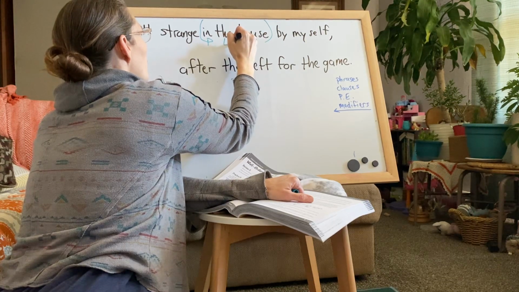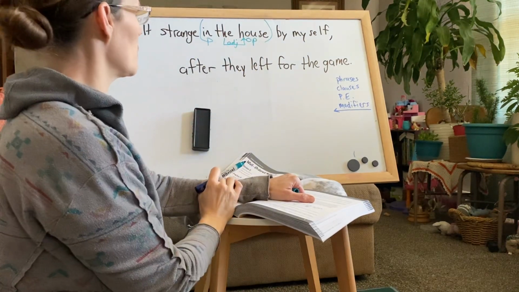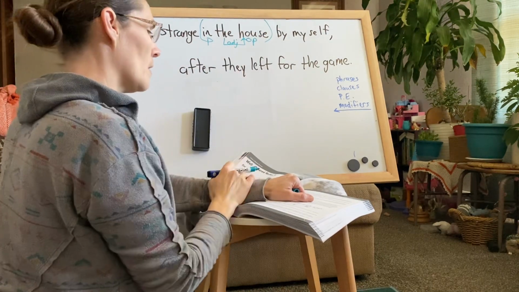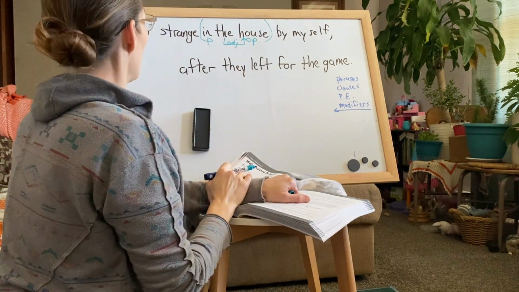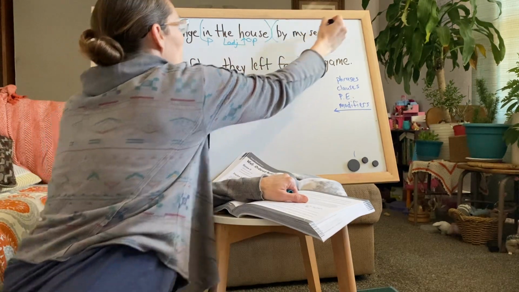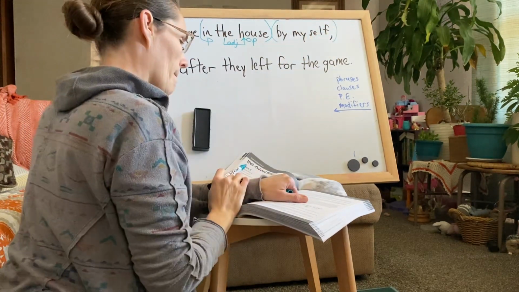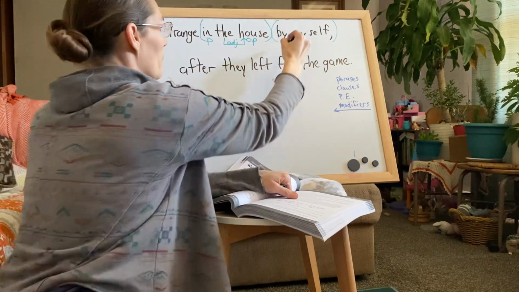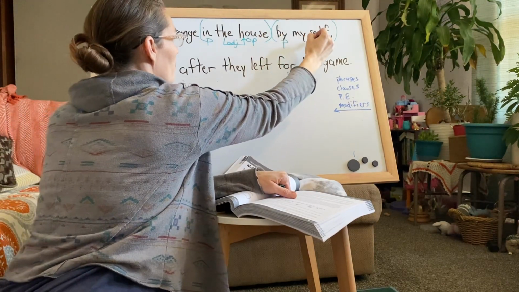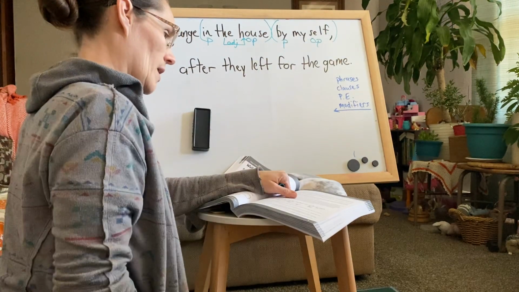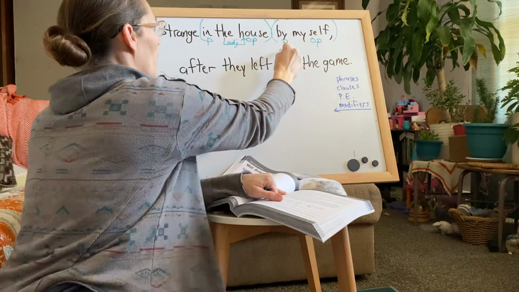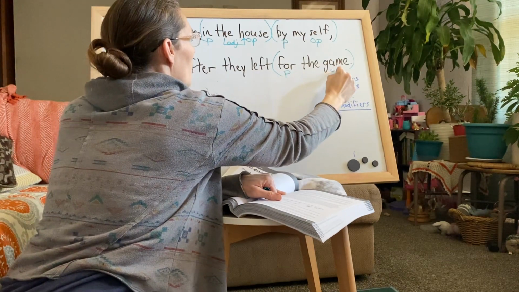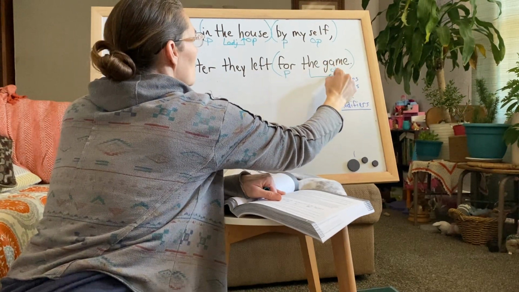So go ahead, mark that all up. You should be able to do that in your sleep. Preposition, object of the preposition, adjective: in the house. "By myself" is another one. Don't wanna be all by myself. And the last one, for the game. Preposition, for; game, object of the preposition.